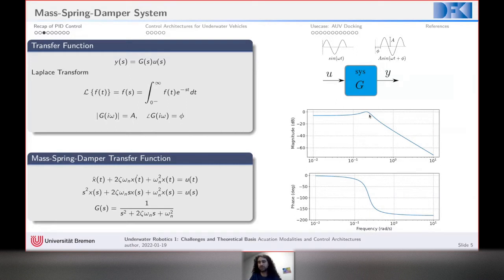The more I push this to the right, this means that this resonance, or this very high amplitude, occurs at a higher frequency, the more I'm giving gain to my system, so-called.